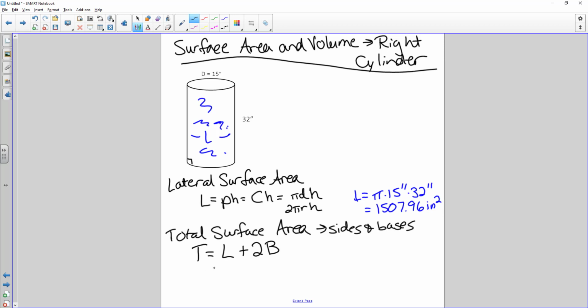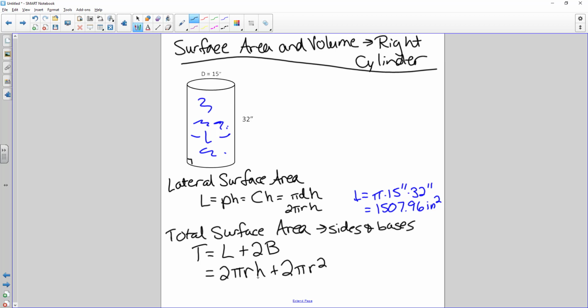In terms of radius, because we're going to use radius for the base, the lateral surface area is 2 pi r h plus 2 times the area of the base, which is pi r squared.